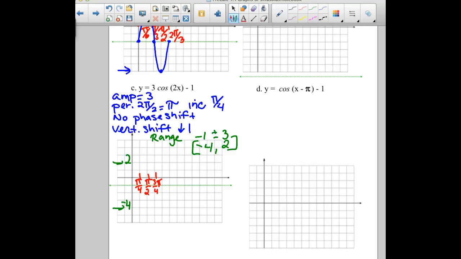And then we have 1 pi. Okay. So that's 1 period, and I've only been graphing 1 period in our notes, but you can extend it, right? You could just copy the same thing you graphed there one more time. Yes, no?